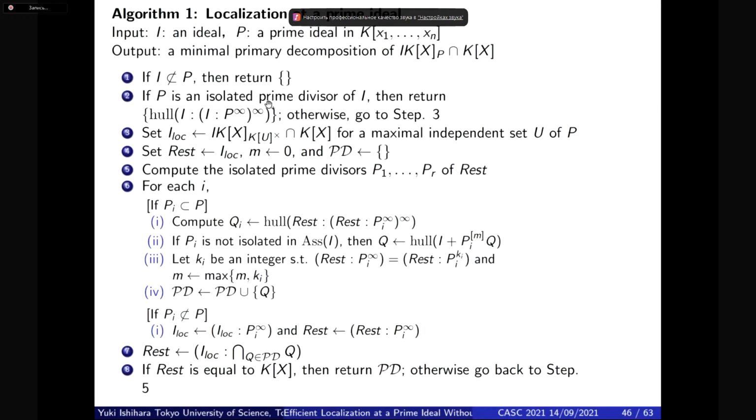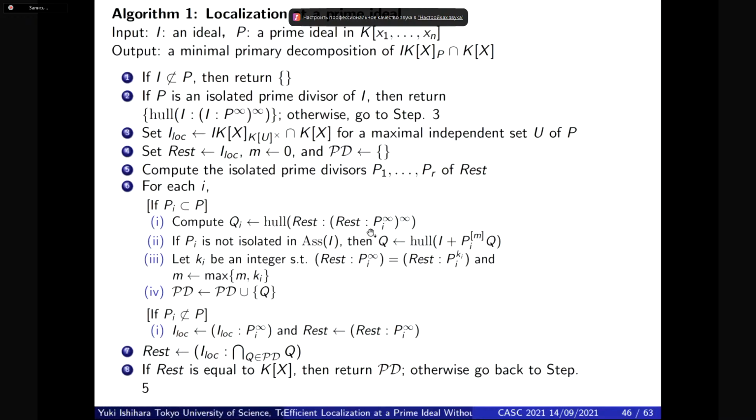Then if P is an isolated parameter divisor, we can just take the equidimensional hull of the double saturation, which is the isolated parameter component of I. And here is a part of the computation of primary components of I which relates to localization.